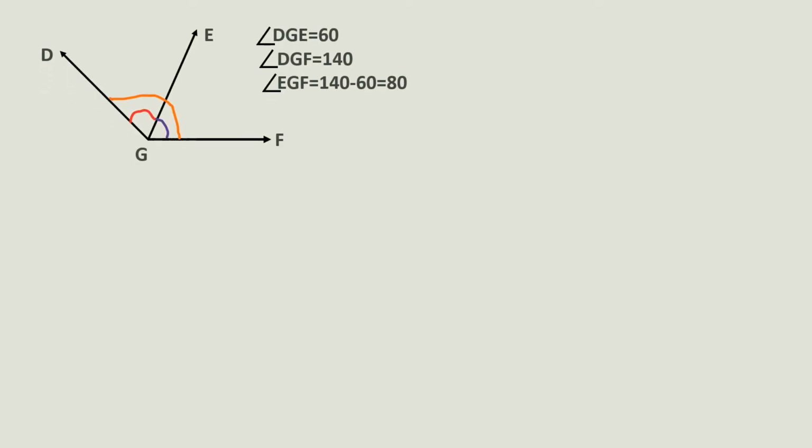Now let's look at some examples. In this figure, we know that DGE is 60 degrees. We know that DGF, this whole value, is 140 degrees. To find out this angle, EGF, we subtract 140 degrees and 60 degrees, which gives us 180 degrees.